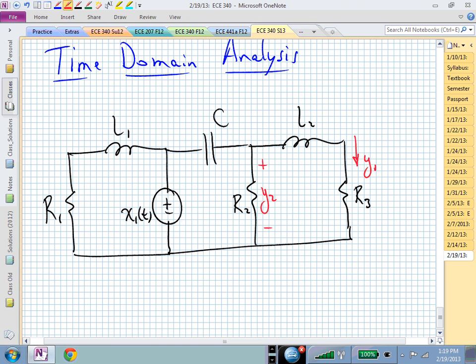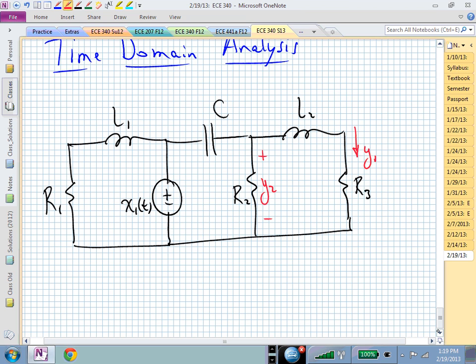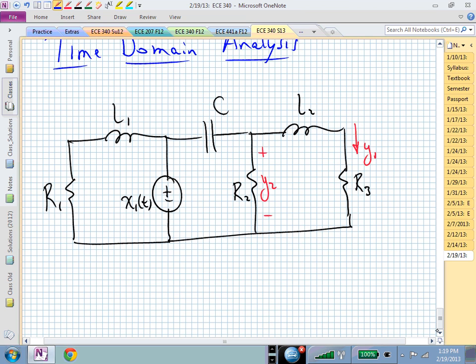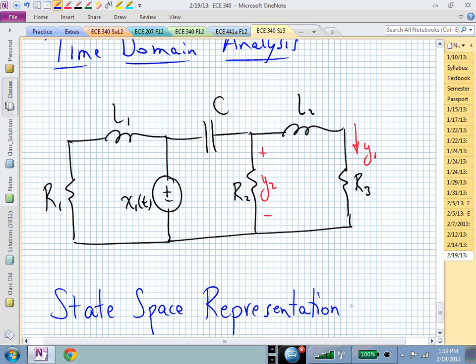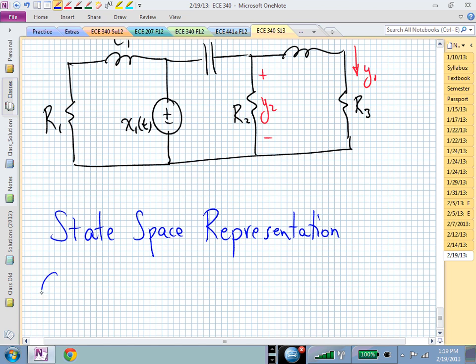And what I want to do actually is find a state space representation. And to do that, the first thing I need to do is find the governing dynamic equations and then put that into a state space form.